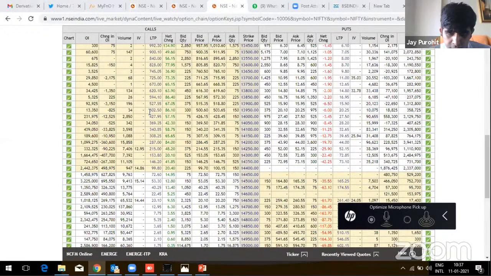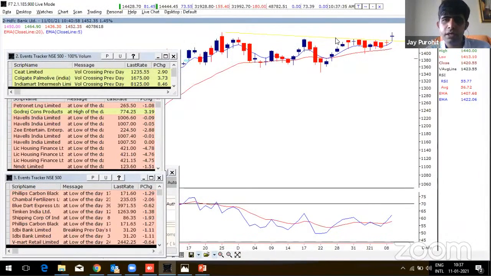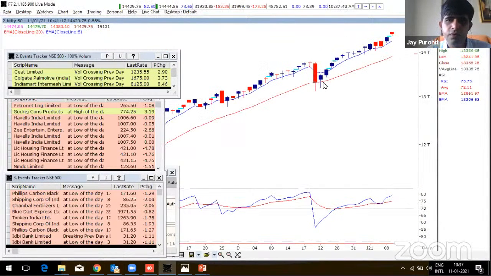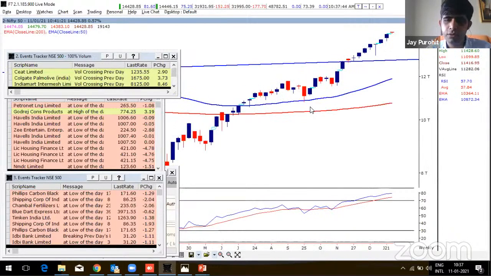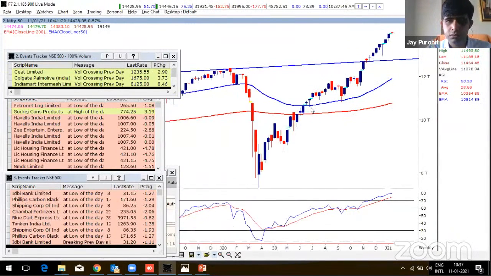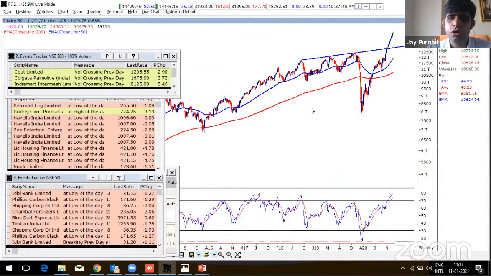Can you please tell me what the charts are stating for the Nifty for the coming 6 months to 1 year? Yeah. So when we need to find out the view for the long term, obviously we need to look at the weekly or monthly chart.